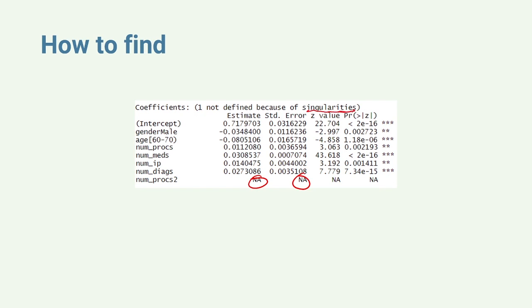This is the same as saying that it is rank deficient. It only occurs when you have multicollinearities. In this case, I have numprox2 and also numprox. So these two are actually the same variable, and so it's causing this singularity. So I could solve this problem just by removing one of these variables.